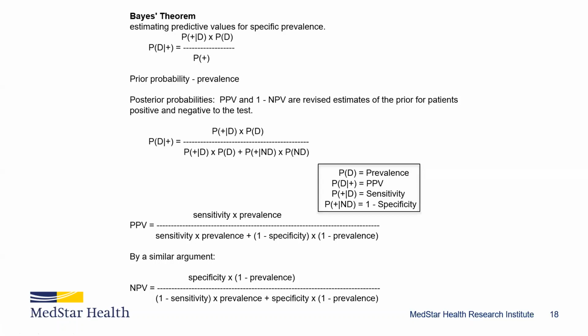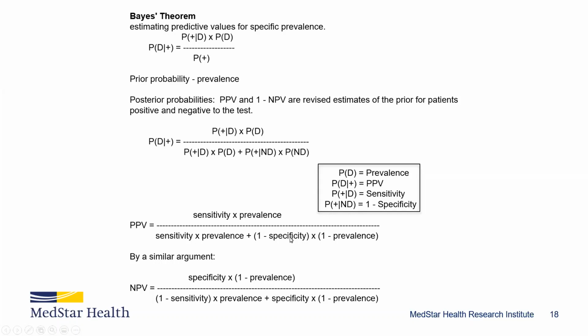In terms of positive predictive values, we can rewrite our formula and show that the numerator here is equal to the probability of a positive test, but I'm not going to do that right now. So basically our predictive value is sensitivity times prevalence divided by sensitivity times prevalence plus 1 minus specificity times 1 minus prevalence. So this is the probability of a positive test given that you don't have the disease. So that's 1 minus specificity.